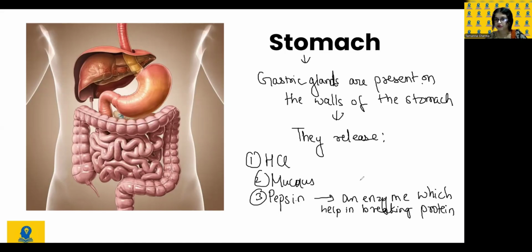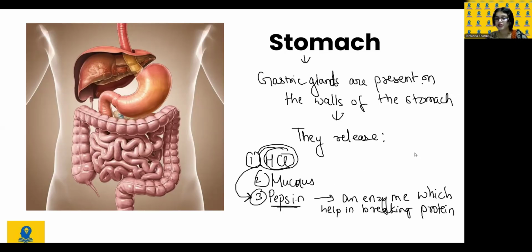Now, only when HCl, that is hydrochloric acid, is released in the stomach, only then can this pepsin act on the protein. So this HCl will facilitate the action of pepsin. That means HCl will make such an environment that pepsin will be able to act on the protein.